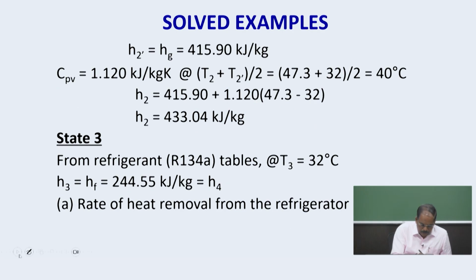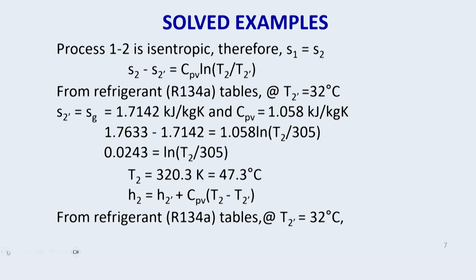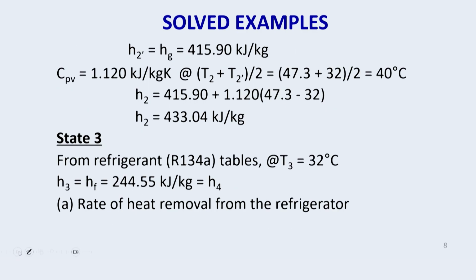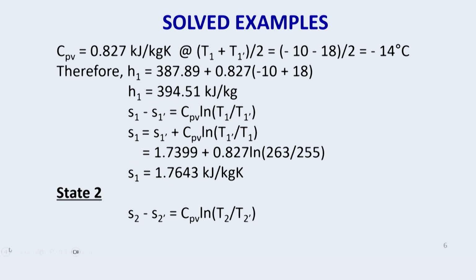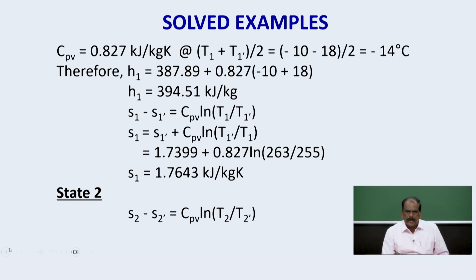I think I have stopped at this point. We were calculating the Cp value. For state point 2, the equation is S2 minus S2 dash equal to Cp of vapor into ln of T2 by T2 dash, because the T2 temperature is unknown.